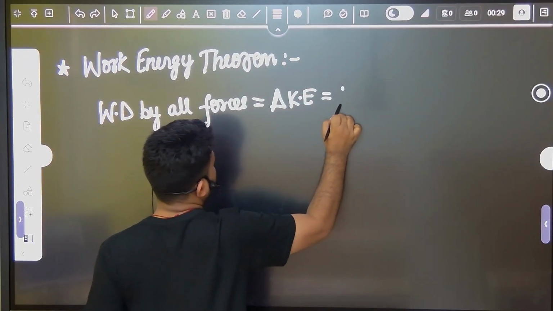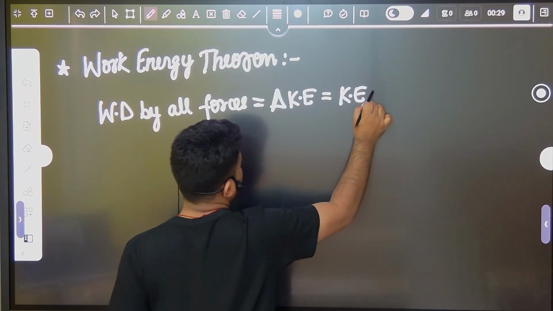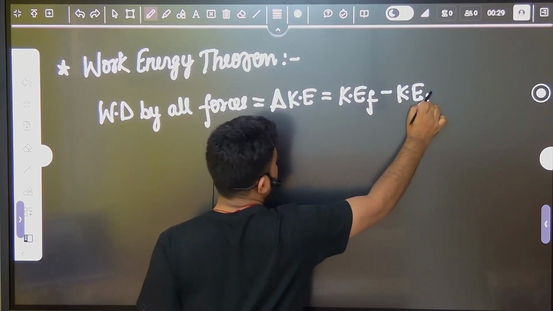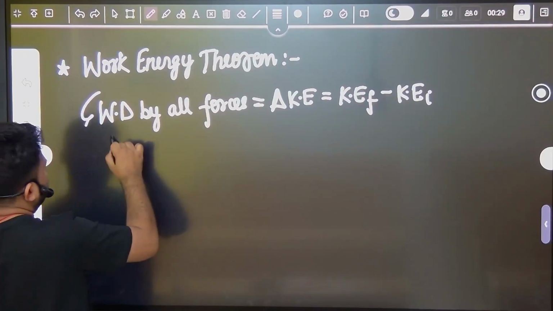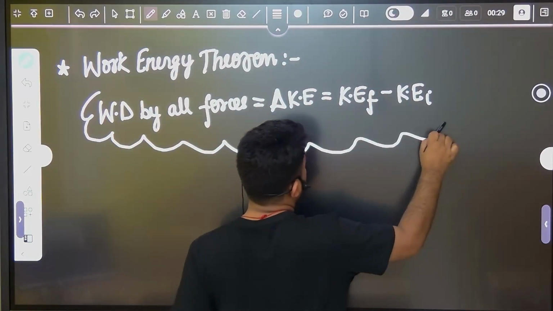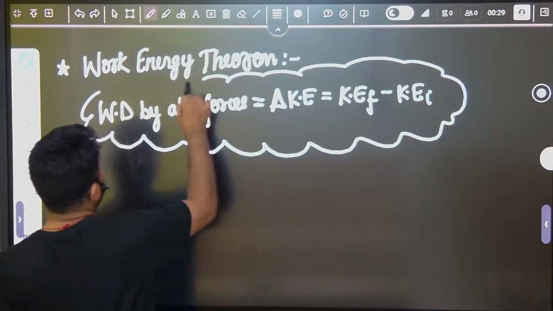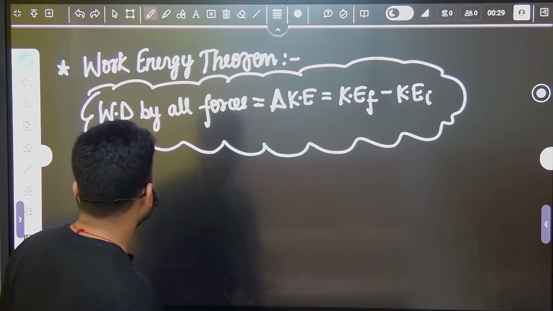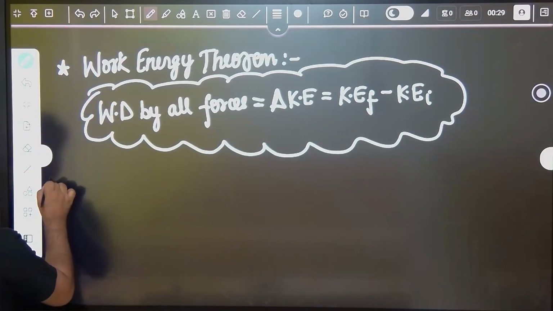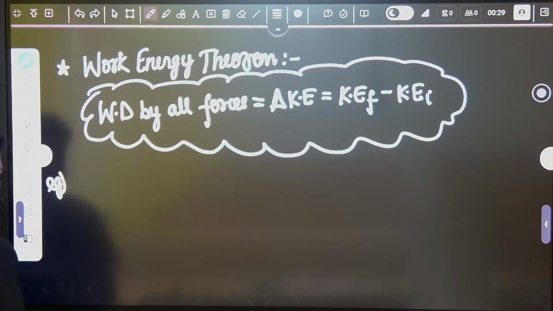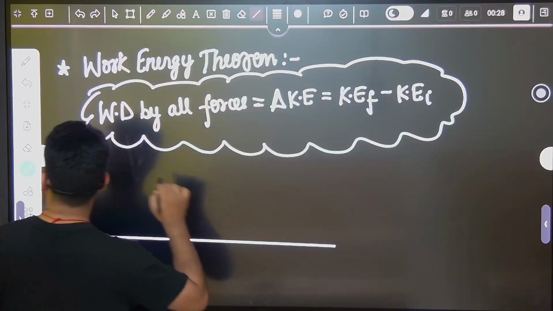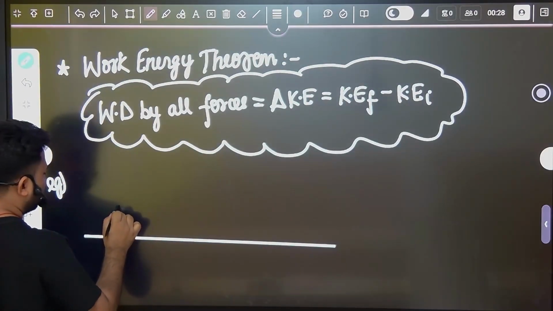Change in kinetic energy means final kinetic energy minus initial kinetic energy. This is the work energy theorem. I will explain what it is saying through one example. For example, there is a block.